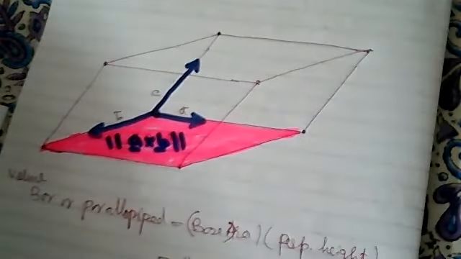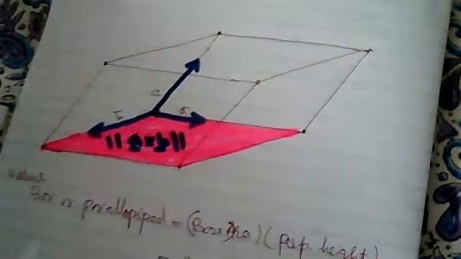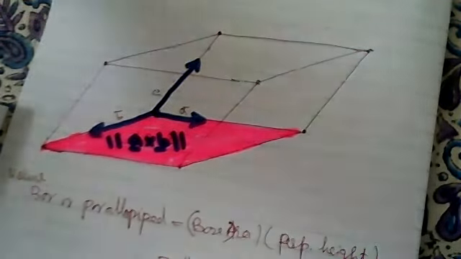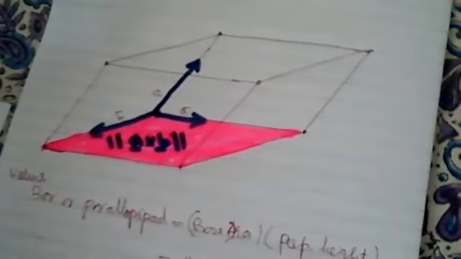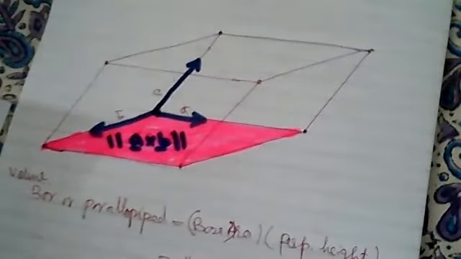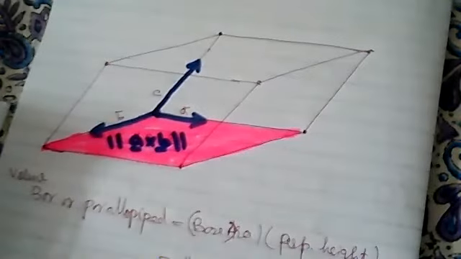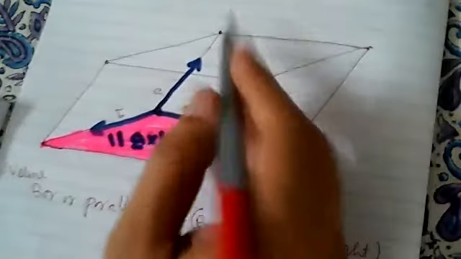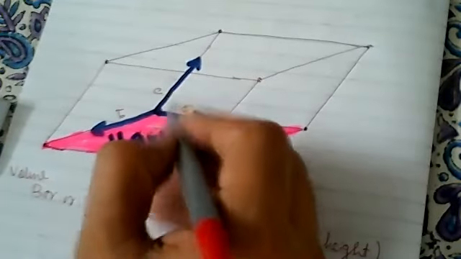Now the problem is with the perpendicular. The question arises, how will we find the perpendicular height? Let's suppose this vector C is bending, making an angle theta.